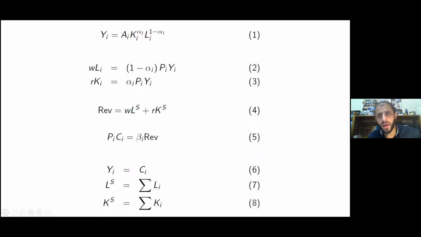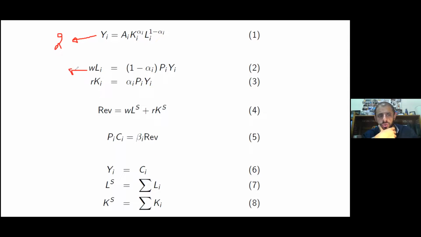So how many equations do we have in this model? 15. Why 15? Because we have two equations in each. Where do we have two equations? Here we have one or two equations? Two.